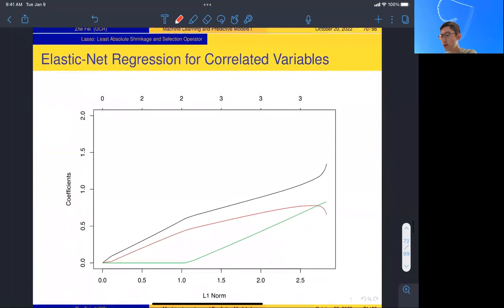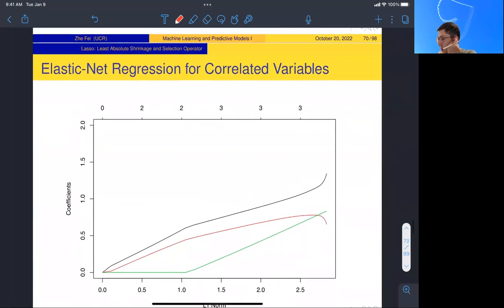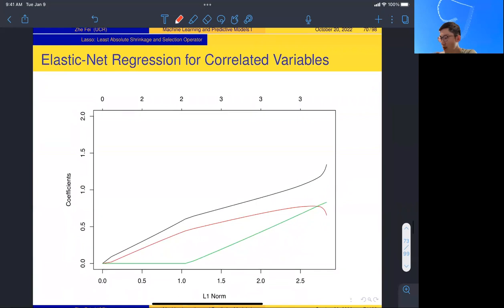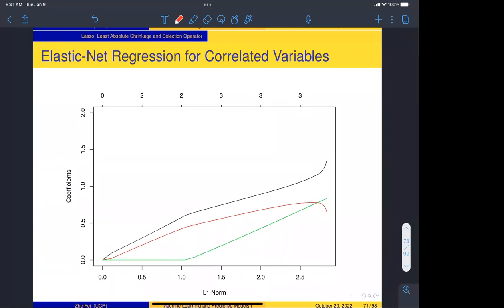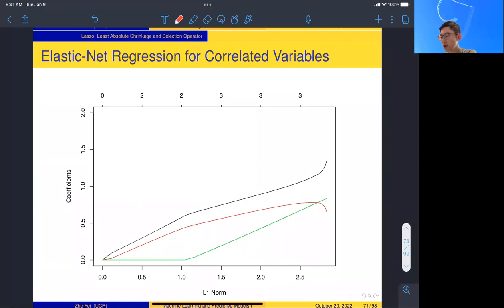So that's when this elastic net becomes useful, because remember the ridge penalty helps with the highly correlated case. So we could tell from here that the black and red curves should correspond to the coefficients for X1 and X2, in other words, beta 1 hat and beta 2 hat.